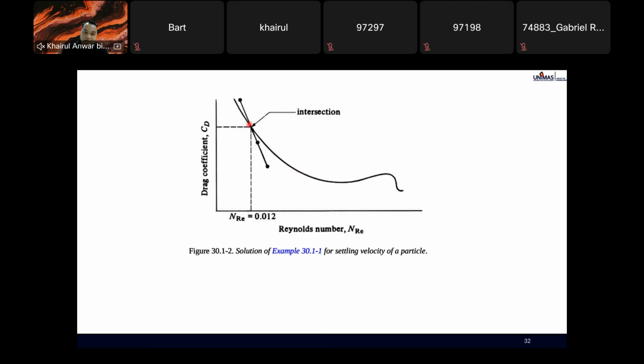Something like this. These are the three points from your calculation. So the intersection is here, NRE equal to 0.012.